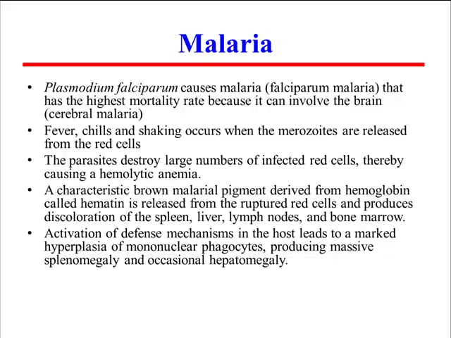So when this happens, there's going to be activation of the body's defense mechanism, and so it will lead to hyperplasia of mononuclear phagocytes, and then this will produce splenomegaly and hepatomegaly.